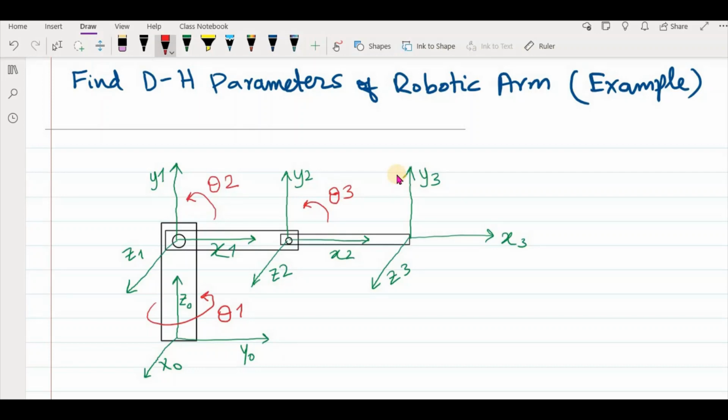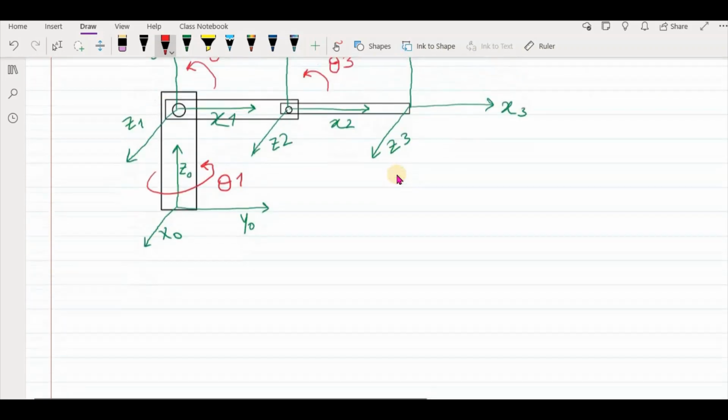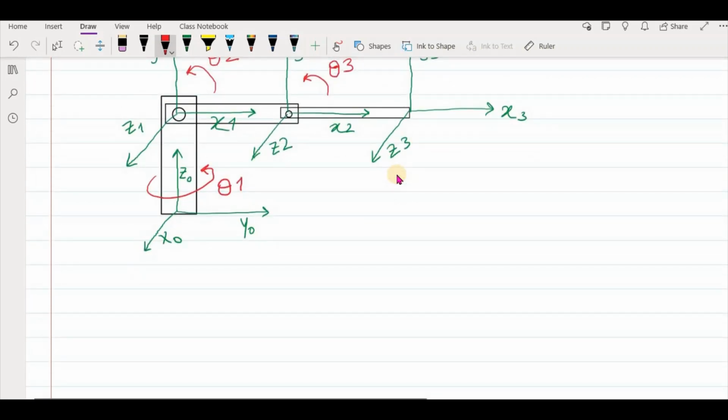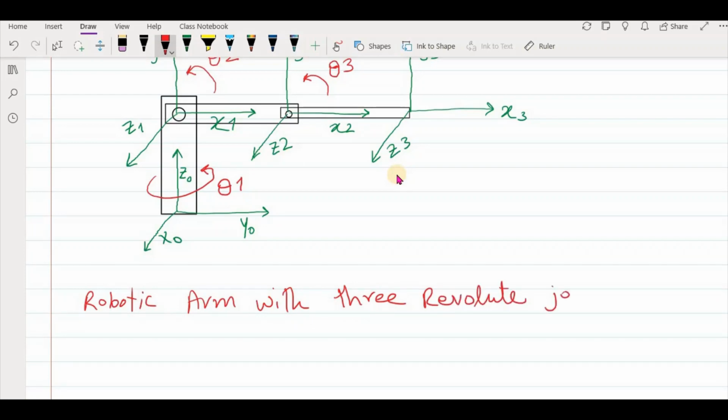Okay, so we can mention here we have a robotic arm with 3 revolute joints and 3 links.